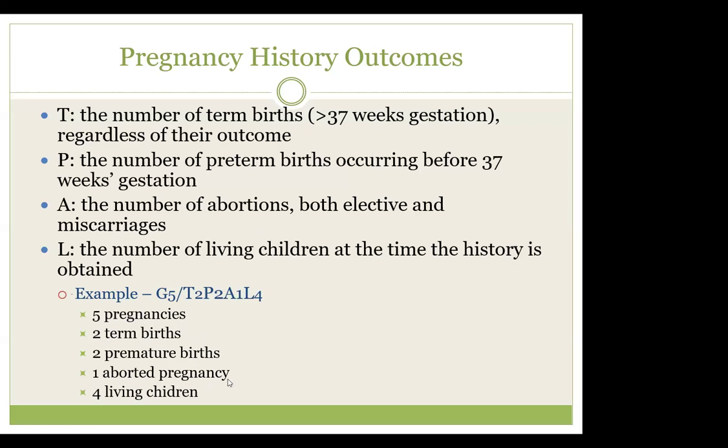Doesn't matter how, whether it was spontaneous or elective. And that patient has 4 living children. Okay, that is a more detailed one. So just know that gravida means how many pregnancies, para means how many deliveries, and then beyond that, it may or may not be more detailed for you to look at.